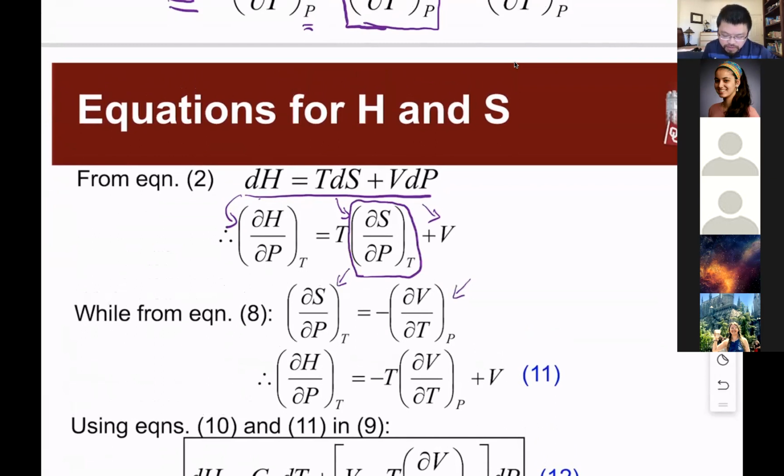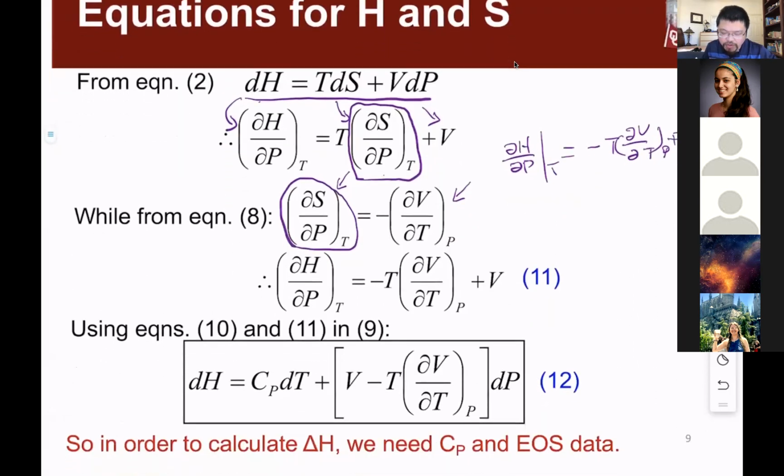This is the exact term of the Maxwell equation of equation 8. Okay, so if this is the case, then we are going to express this dH over dP at fixed temperature as negative T times dV over dT at fixed pressure, plus V. So we figure out this term.